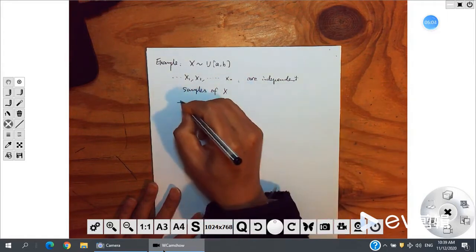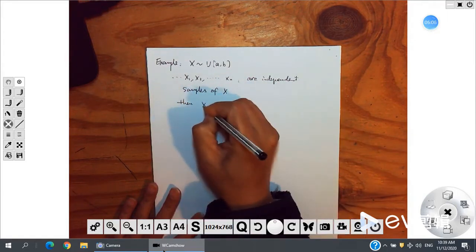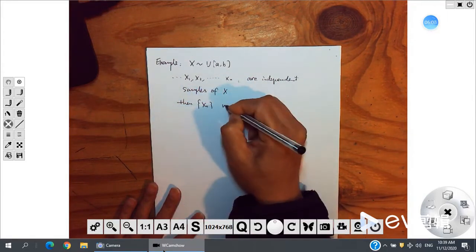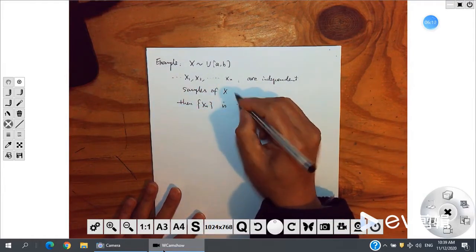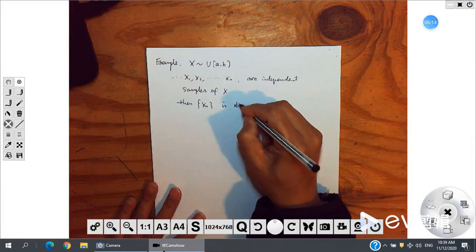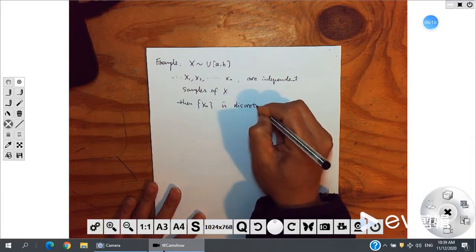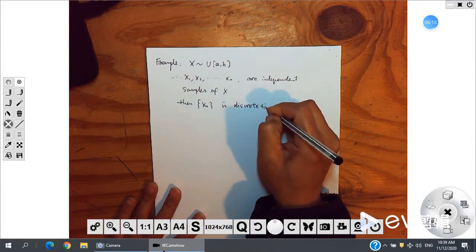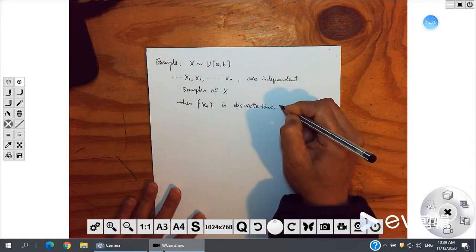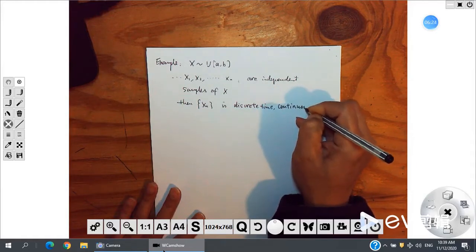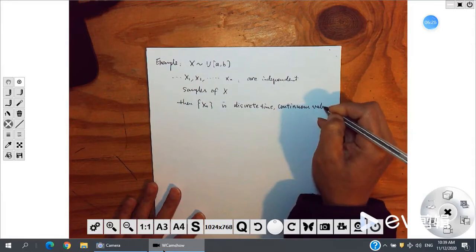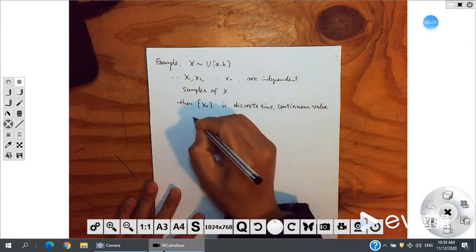Then xn is a random process. This is a discrete time, and continuous value, stochastic process.